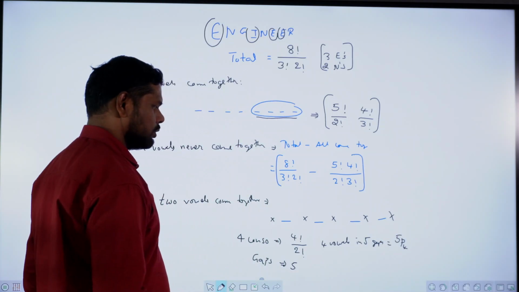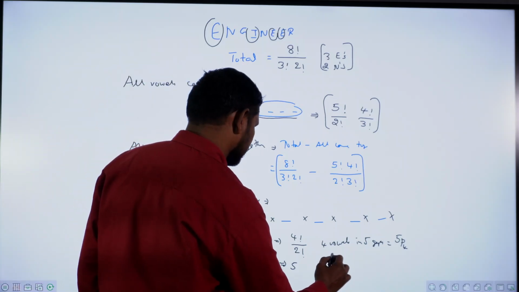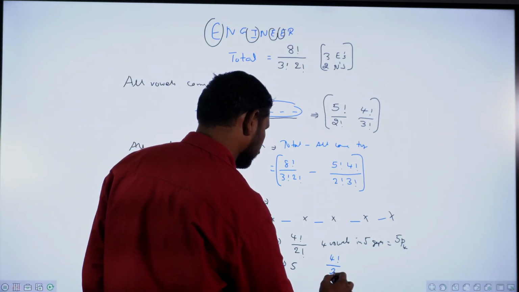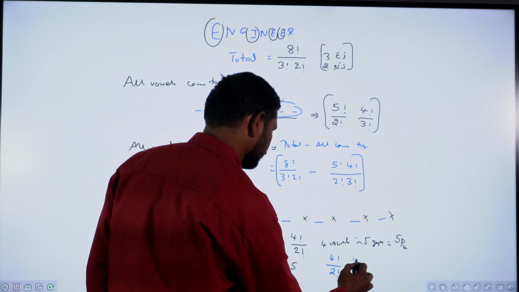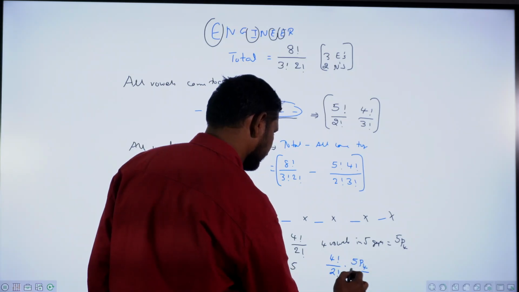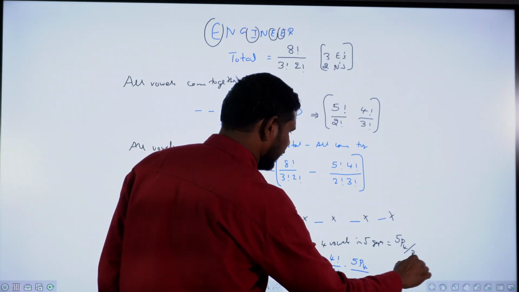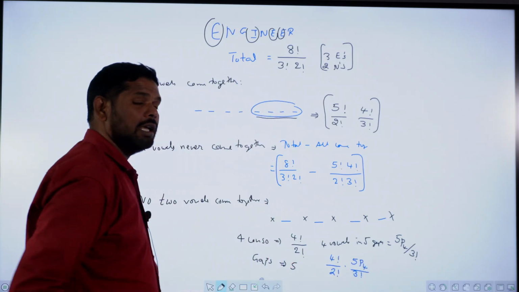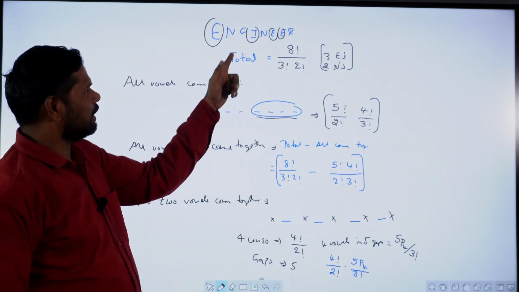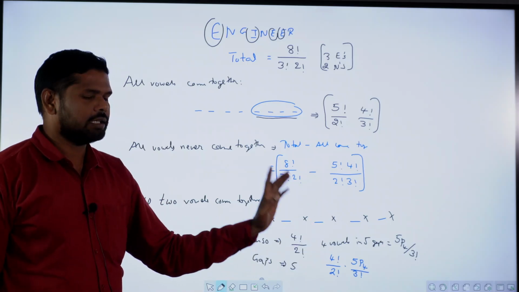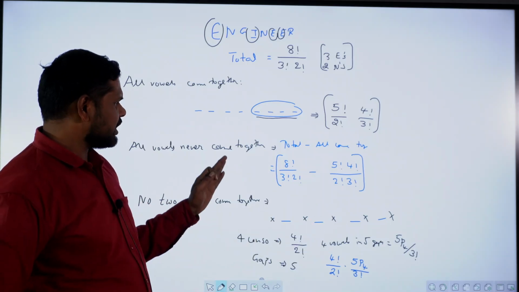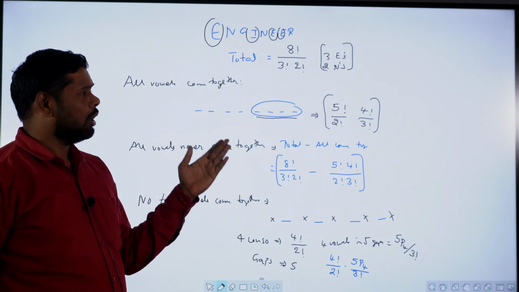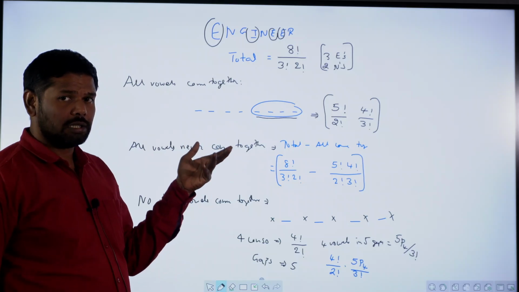That's it. So the total resultant is 4 factorial by 2 factorial into 5P4. It's not over. Why? The 3 factorial is why? 3 e's are repeated in the vowels. 3 factorial. That's it. So if repetitions are there, you need to divide by the number of times the letter is repeated.